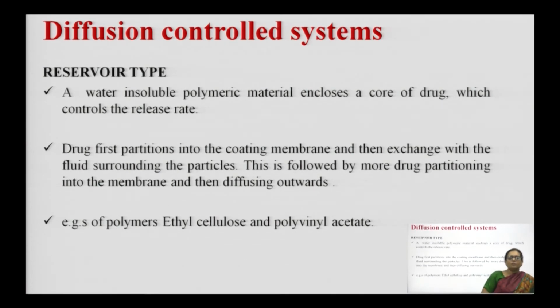This is followed by more of drug partitioning into the membrane and then diffusing outwards, right. Examples of polymers used for making reservoir type of diffusion controlled release systems are ethyl cellulose and polyvinyl acetate.